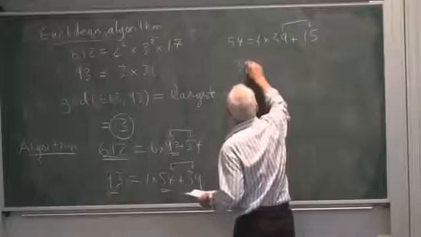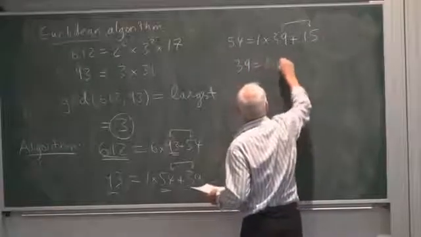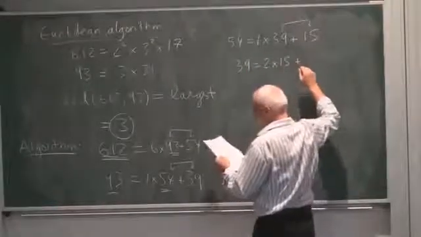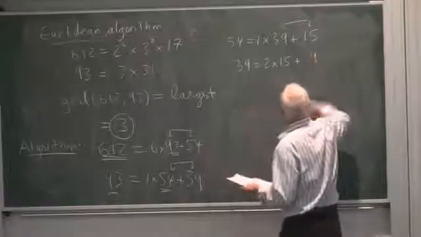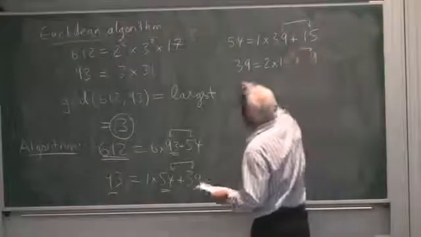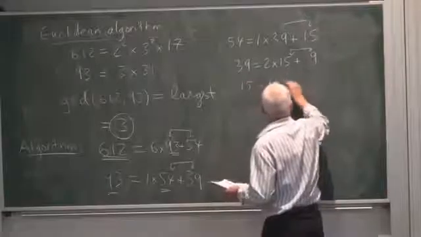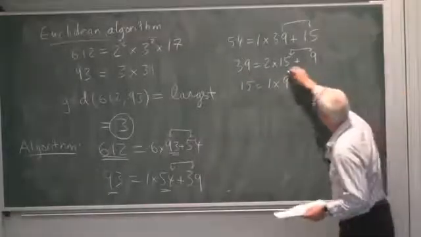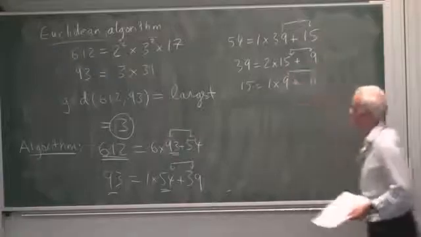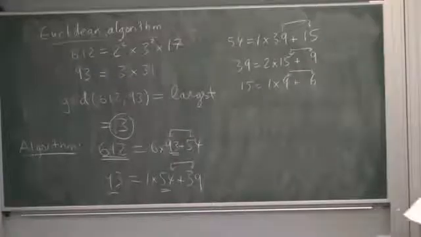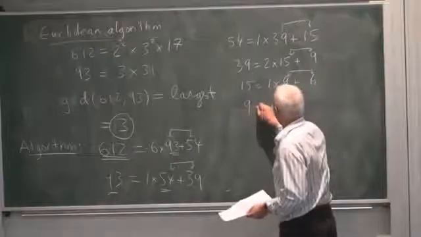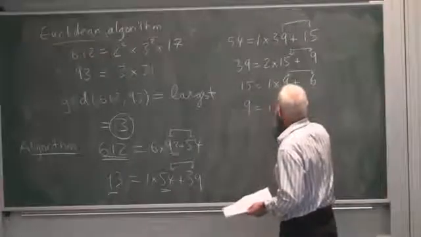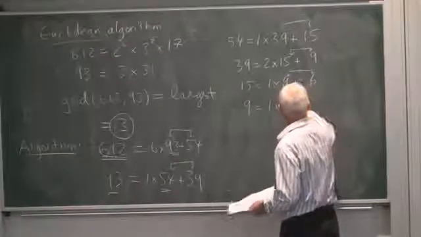And then we divide 39 by 15. 2 times 15 plus a remainder of 9. And then 15 is 1 times 9 plus a remainder of 6. And then 9 equals, maybe not finally, 1 times 6 plus a remainder of 3.